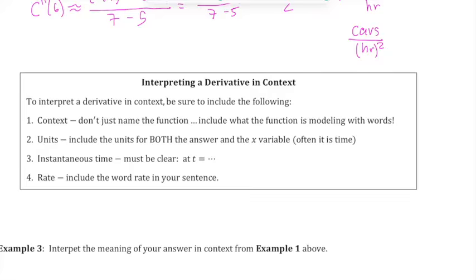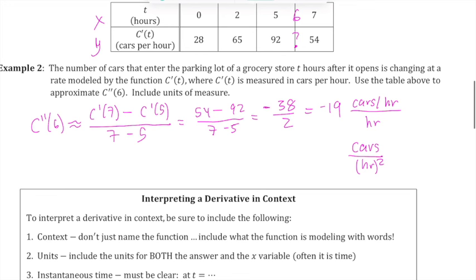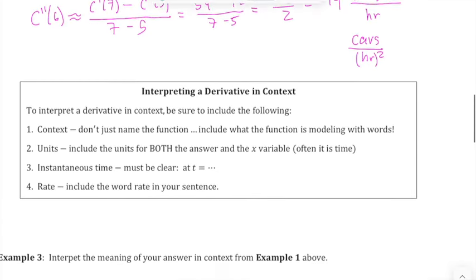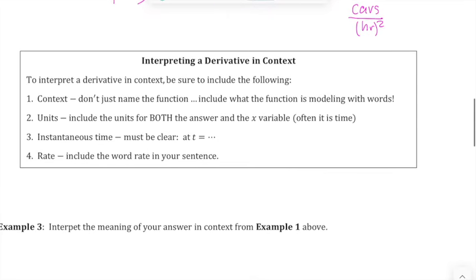So name the time at what it's changing. And again, for this example, we're naming it at 6. So make sure you specify that you're finding the rate of change at time 6, at t equals 6. And then please include the word rate. So make sure you get all of the credit for your AP test.